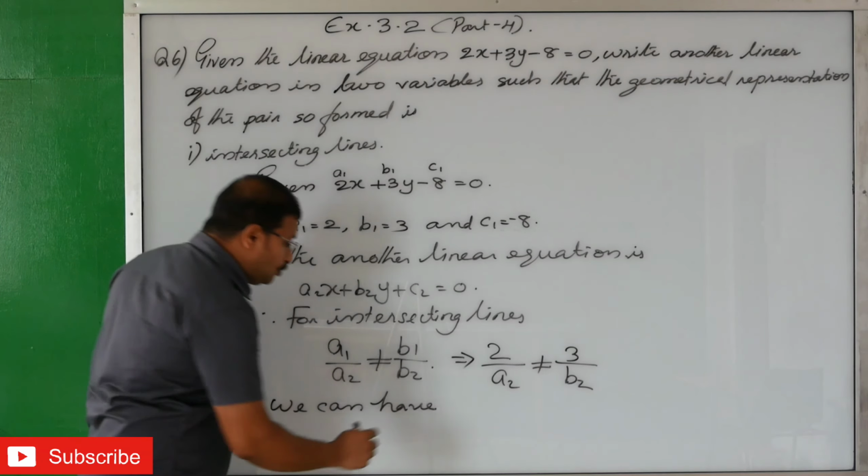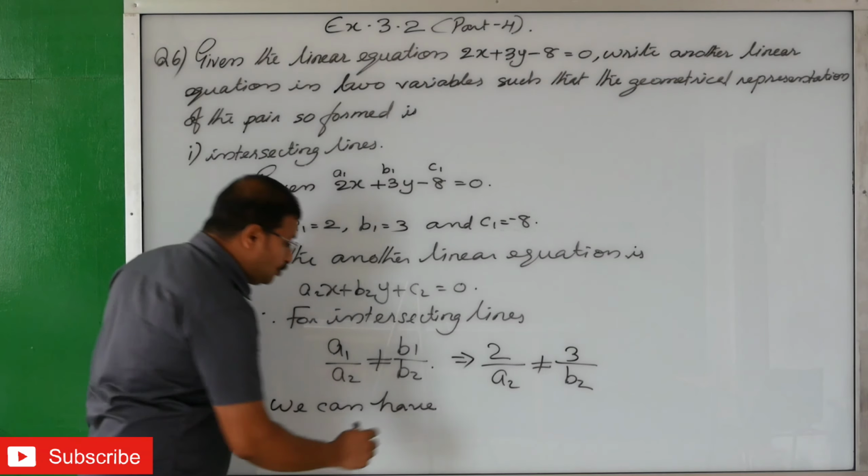The meaning is, these two when you cross multiply, this should not be equal. That means I am taking A2 is 3. That means these two multiplying, 3 3s are 9, 2 2s are 4. 4 and 9 will not be equal. So we can take A2 as 3 and B2 as 2. Of course, the other one and C2 we are taking as minus 7. We can use more values to get different equations.